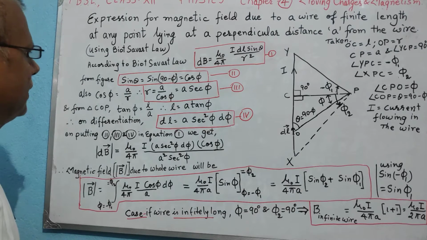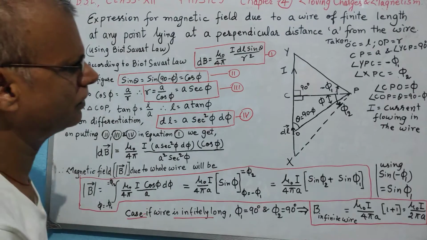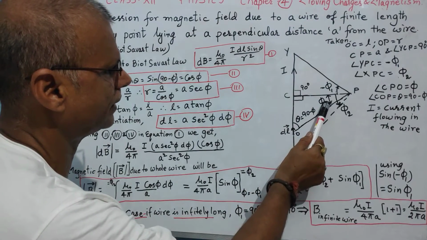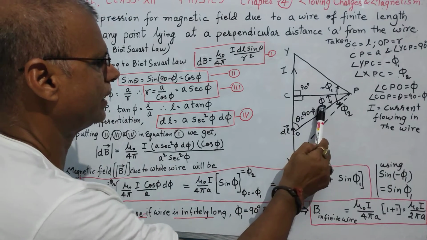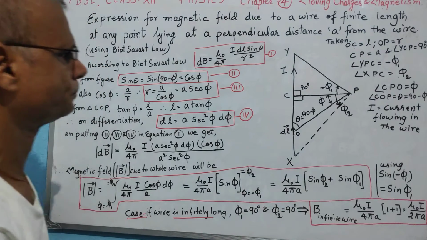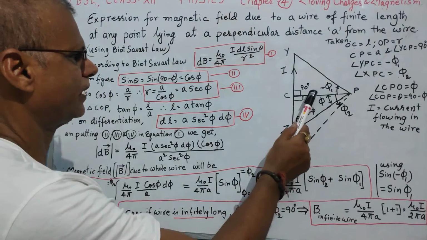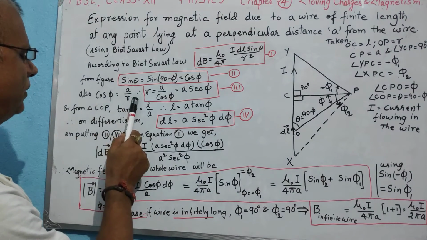I was wrongly stating it earlier for sin theta. We have to find the value of cos phi. What is phi? Angle CPO is angle phi. So cos phi will be base, that is CP upon R. So cos phi is equal to A upon R.